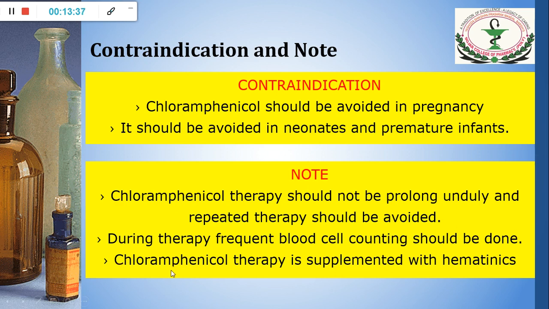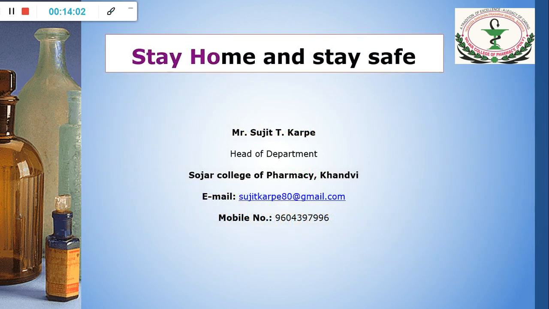The major adverse effect of chloramphenicol is bone marrow depression that may lead to aplastic anemia, and to overcome that, hematinics are always prescribed, or supplemented with chloramphenicol therapy. So here I conclude chloramphenicol.